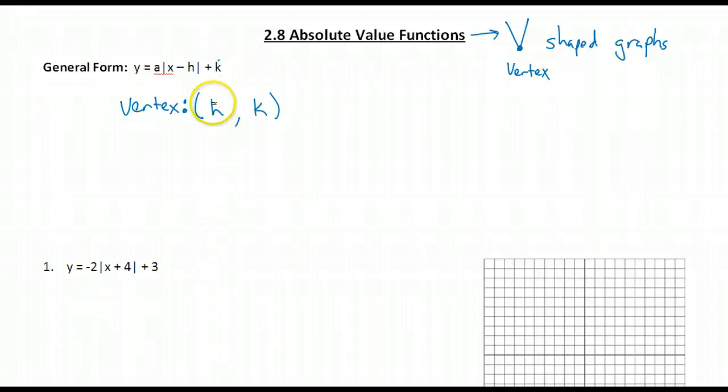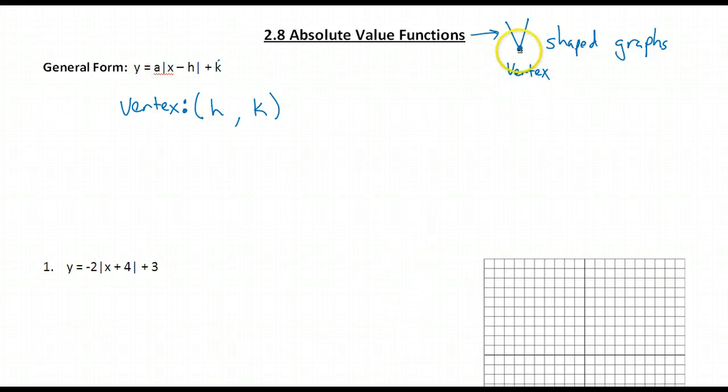So our x value is the number that's being subtracted from x. It's the h value, the value of x that makes what's inside the absolute value 0. And our y value is just going to be this number at the end, k.